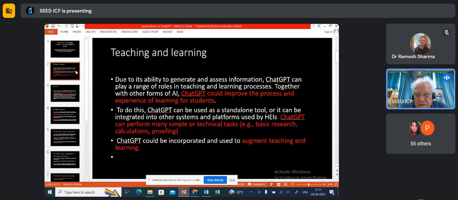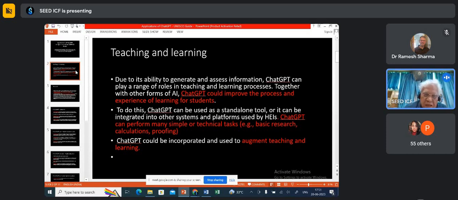One aspect which UNESCO considered was the teaching learning process, and its ability to generate and access information. ChatGPT can play a range of roles in the teaching and learning process together with other forms of AI.